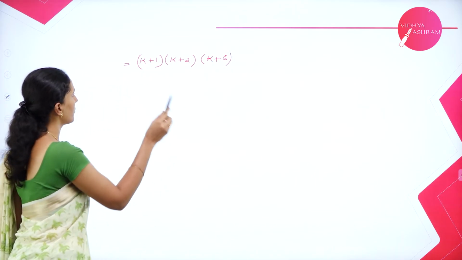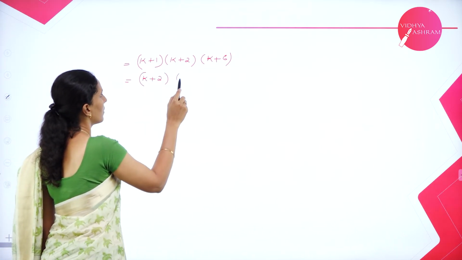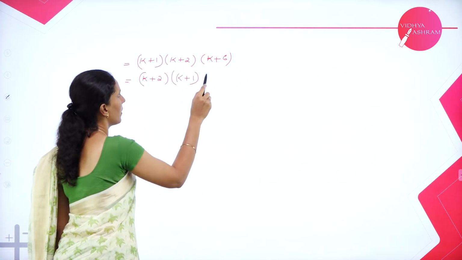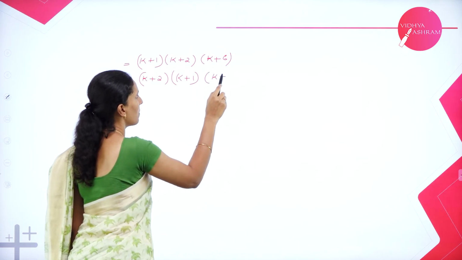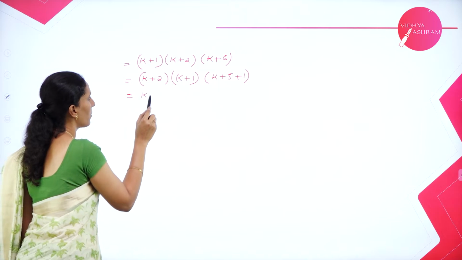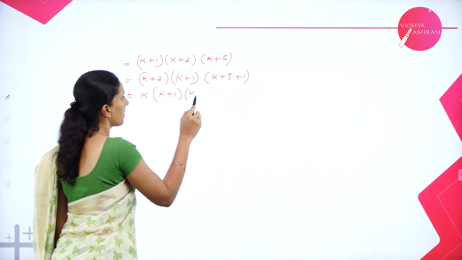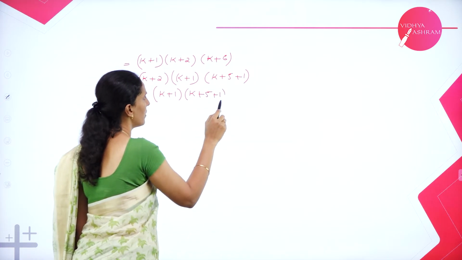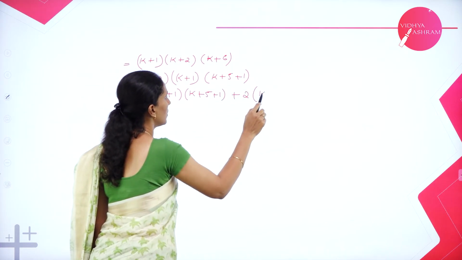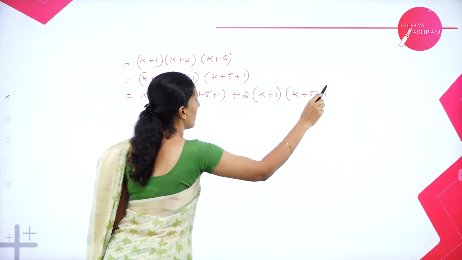Let me rearrange this. I'll get it as k plus 2 into k plus 1 into k plus 5 plus 1. Let me take a binomial product. It is k plus 1 into k plus 1 into k plus 5 plus 1, plus 2 into k plus 1 into k plus 5 plus 1.